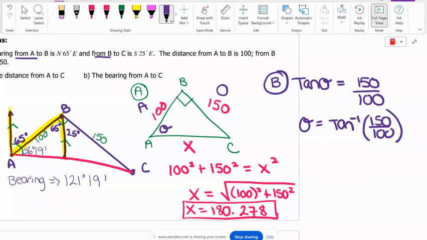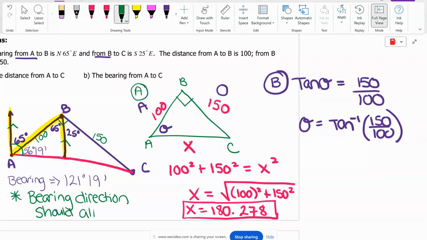Okay, something you need to know, star: bearing direction should always be an acute angle.